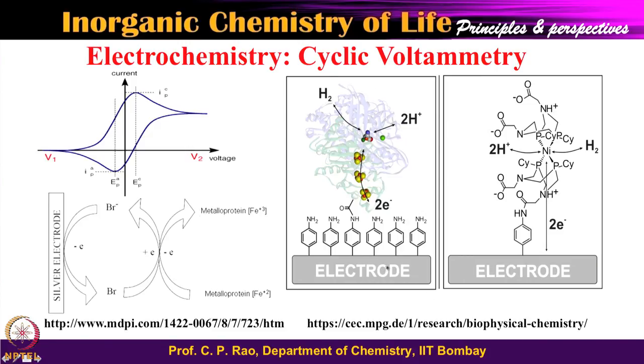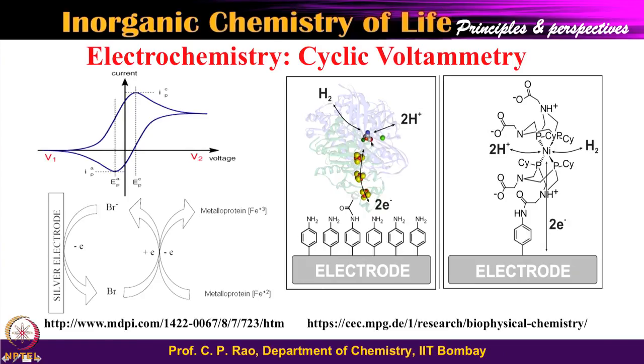This is an electrode, the electrode is modified by this kind of thing, and this particular thing is connected with the protein. This whole background, the spiral etc., is a protein. In that protein there are centers, one, another 2, 3, 4 etc., and these are all electron transfer centers, primarily iron sulfur centers.